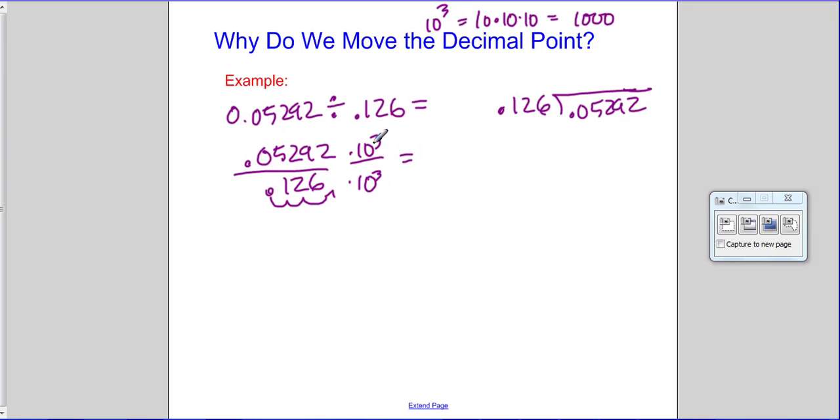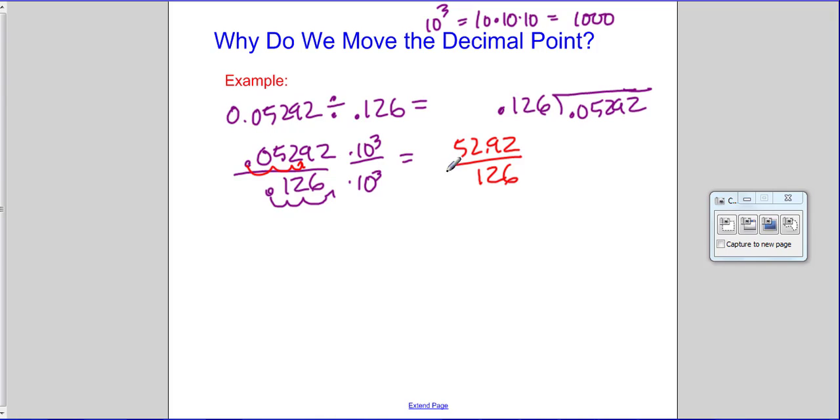Well, that doesn't change the value of the fraction because that's 1 over 1, because something divided by itself is 1. So I'm moving the decimal point 3 places in both numbers. And this is going to become then 52.92 divided by 126. This is the equivalent division problem to the original problem.